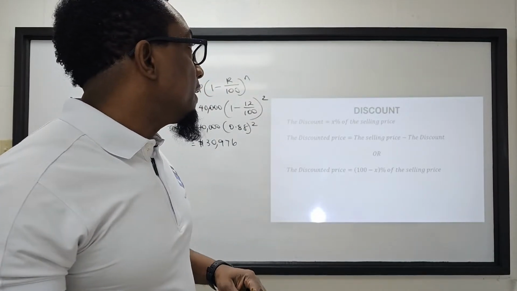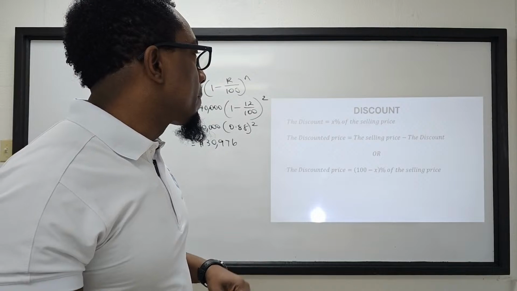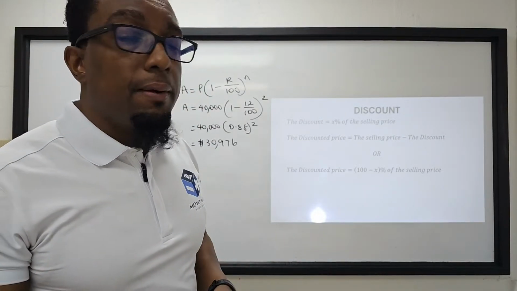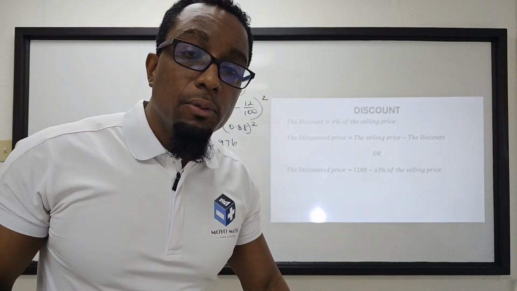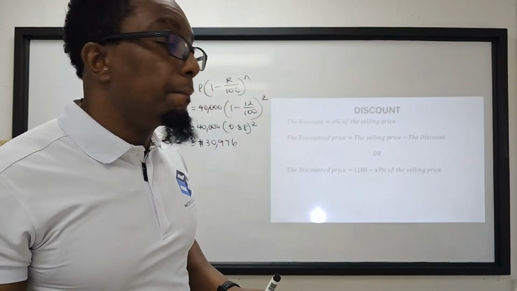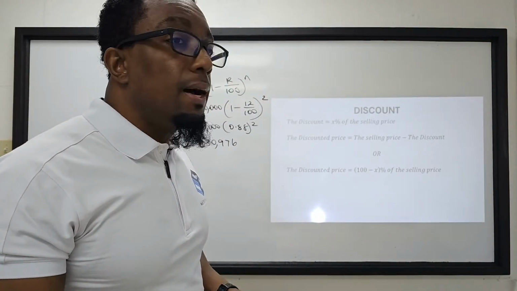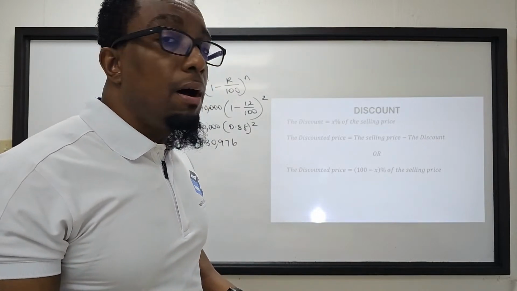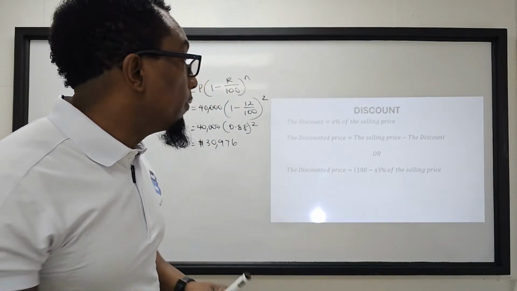So let's look at the next. We're looking at discount. Discount is a percentage of the selling price. When you purchase something from a store, let's use a clothing store as an example, and you are given a discount, it's a percentage of how much the item is sold for.